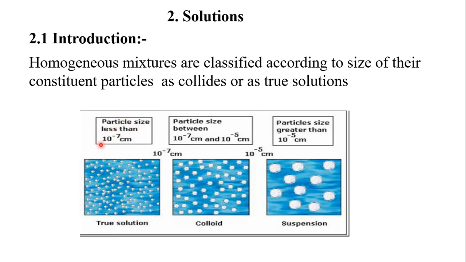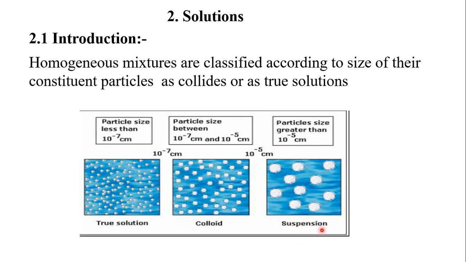And the particle size is less than 10 raised to minus 7 centimeter. Whereas if the particle size is greater than 10 raised to minus 5 centimeter, then we can observe the particles by our naked eye. And such solutions are called suspensions. If you add soil in water, you can observe the particles of soil by the naked eye.